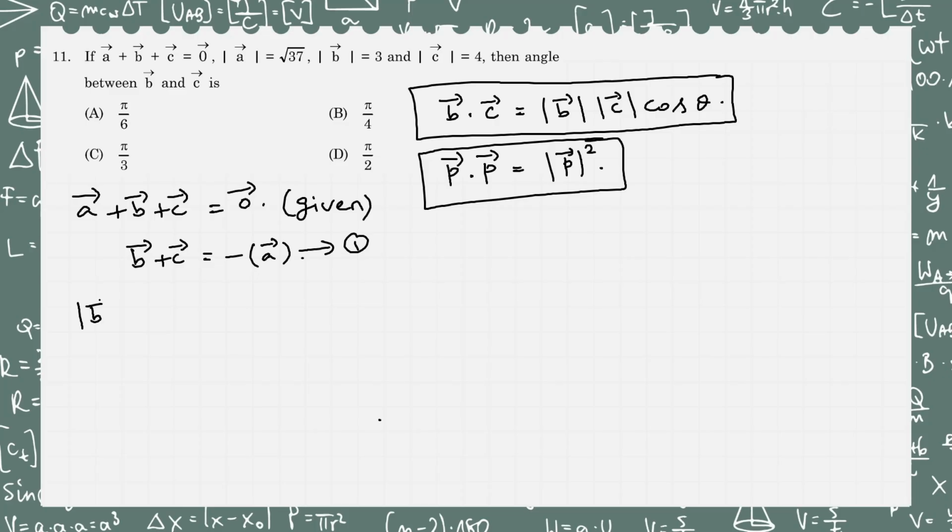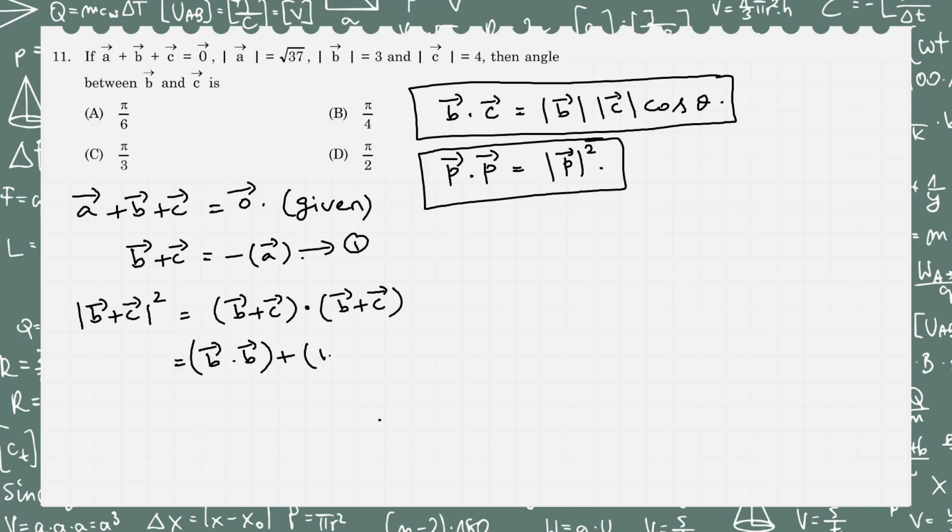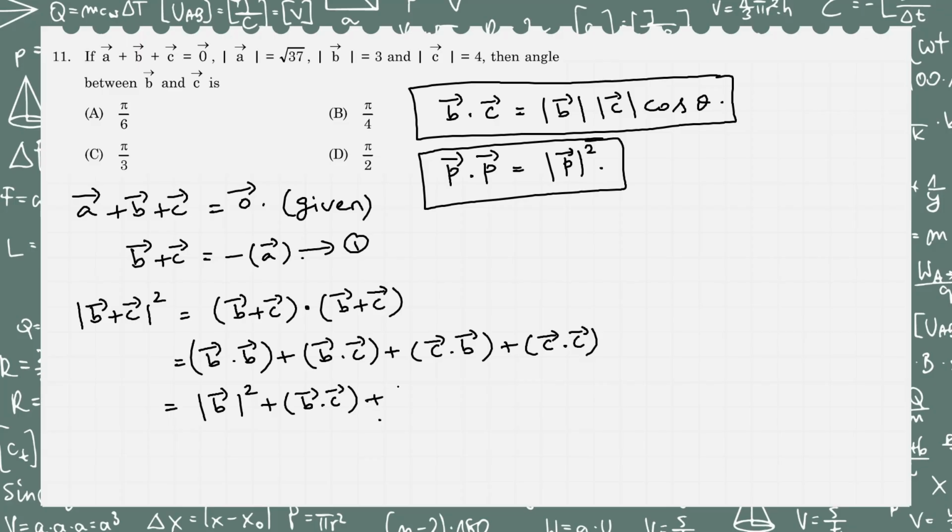Let's find the length of b plus c whole square, which is b plus c dot b plus c. By the distributive property, we get b dot b plus b dot c plus c dot b plus c dot c. The first is length of b square, plus b dot c, and the next can also be written as b dot c because the dot product is commutative, and c dot c is length of c square.